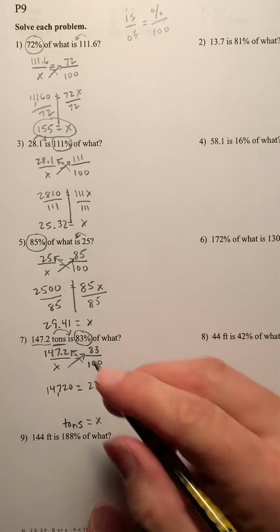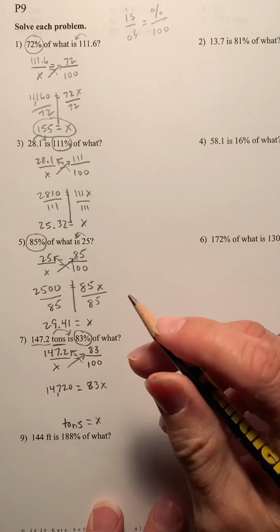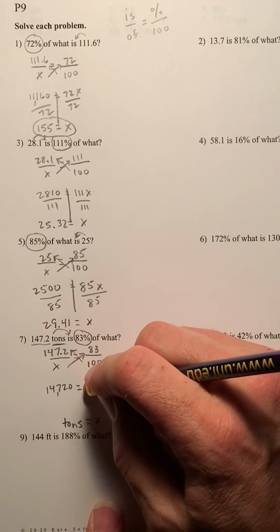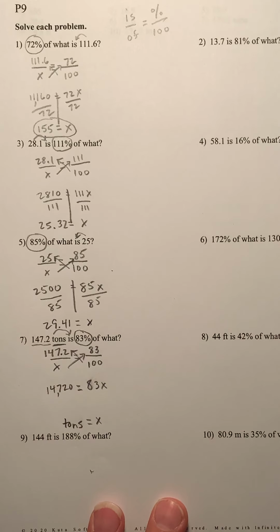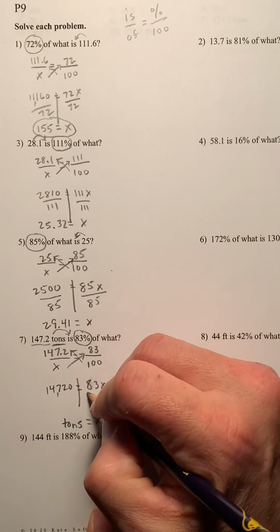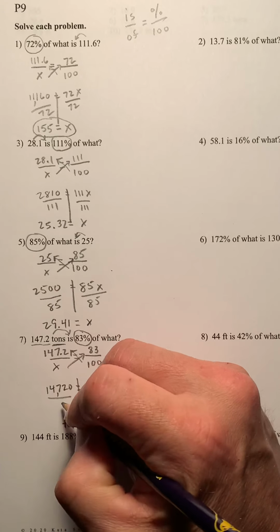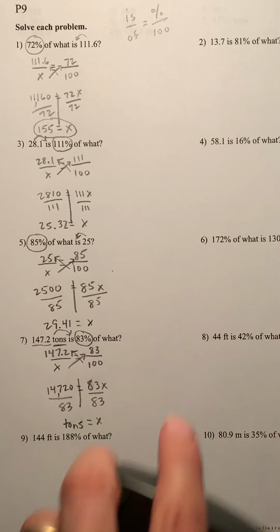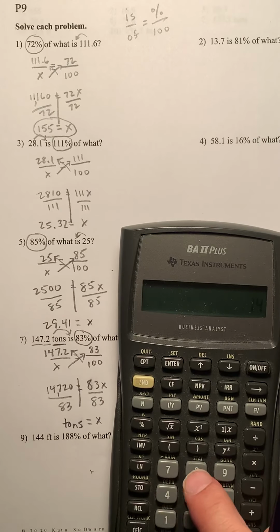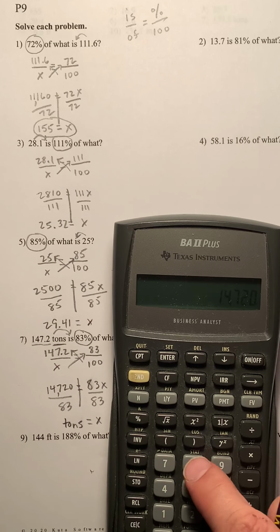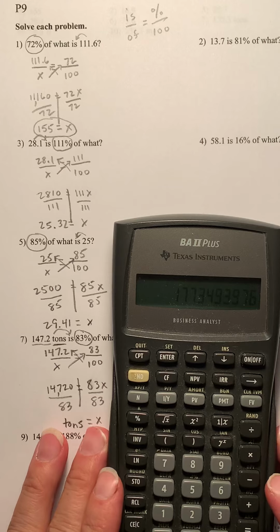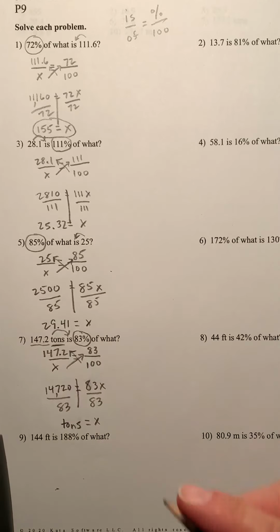Is equal to, not 25x, or 23x, is 83x. I'm going to rewrite it correctly. 83x, misread it. We're going to divide by 83. And so we've got 14,720 divided by 83. 177 to start with.